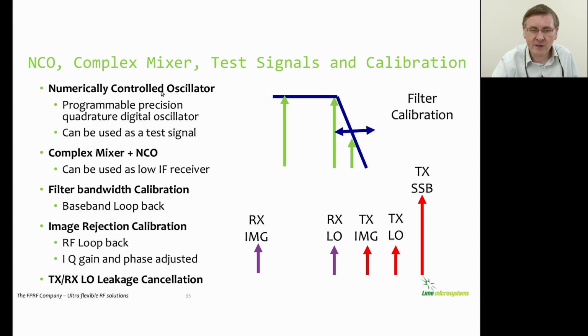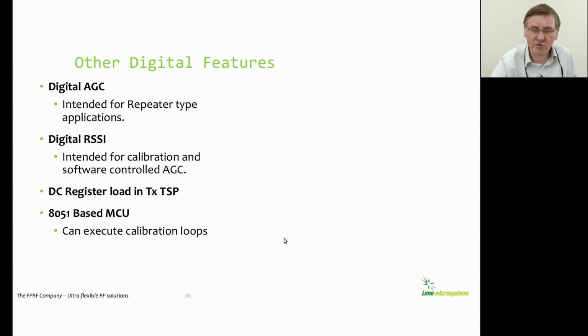The baseband also comes with a numerically controlled oscillator, which can be used for low IF transmit and receive or frequency hopping. We also can use it for developing test signals for calibration, for example calibrating the filters and also calibrating image and LO leakage in the transmit and receive paths.